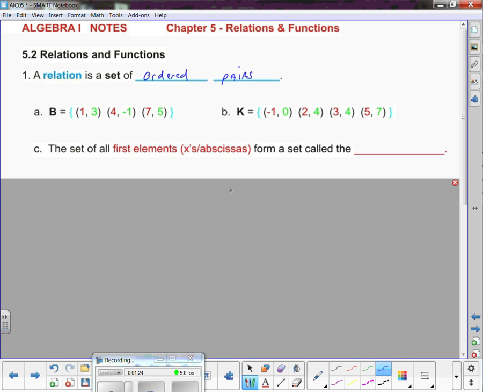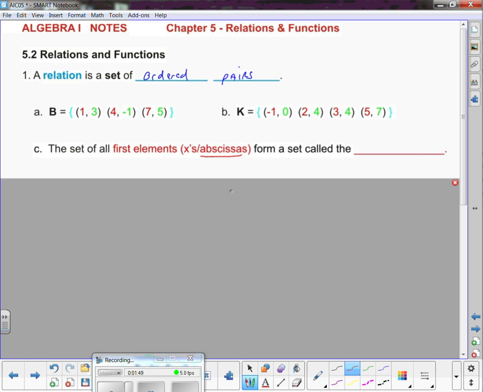All right, some terms. The set of all first elements, and remember, every first element is an abscissa. I didn't come up with that word. We did learn it back in pre-algebra, abscissa. It is something you should know. But all the abscissas collectively together form a set called the, do you remember?